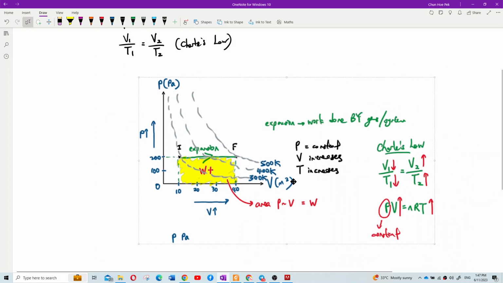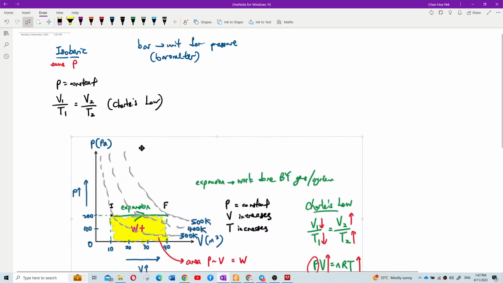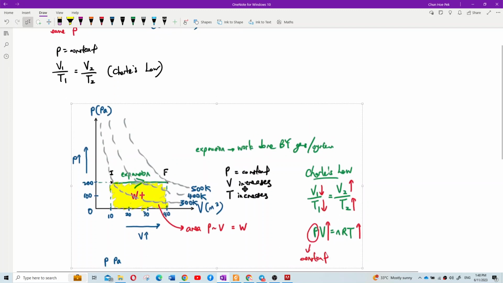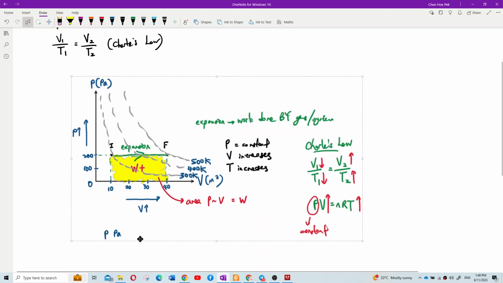That's Charles' law, isobaric process. Charles' law, pressure constant. Okay, class. The graph can be either expansion or compression. Got two situations. Okay, fine, everyone.